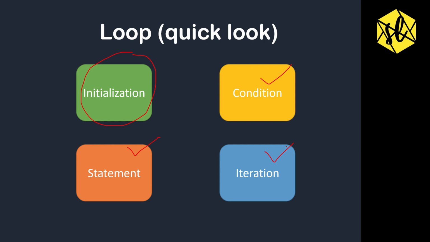We have already discussed these. Let us just have a quick look. Initialization means initializing a variable with a value. For example, in our for loop we do something like this: i is equal to 1. This is an example of initialization.